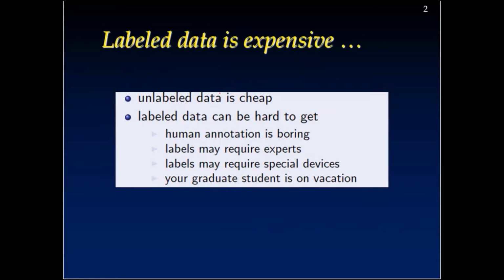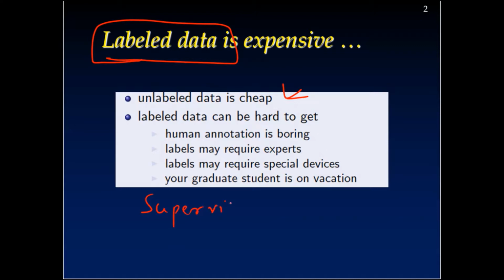Okay, so why are we interested in semi-supervised learning? Well, labeled data is very expensive to get in many instances. Unlabeled data is quite cheap. If you are familiar with supervised and unsupervised learning, you know that supervised learning is used when your data is labeled, right?